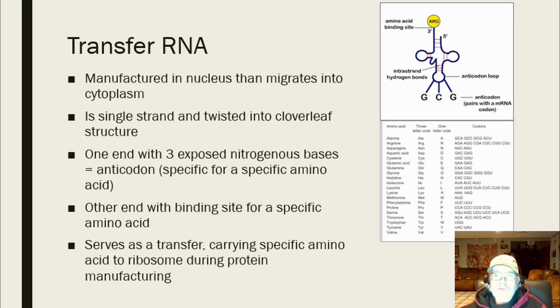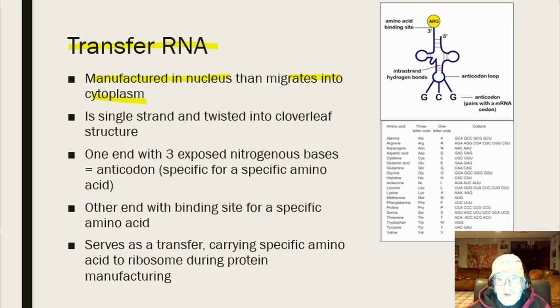Now comes in my third factor, and this is what we call tRNA or transfer RNA. So now along my rRNA, I have my messenger RNA with a specific codon, which is those 3 nitrogenous bases. They're sticking up. So this transfer RNA, which is manufactured in the nucleus and then migrates into the cytoplasm, is basically a single strand.